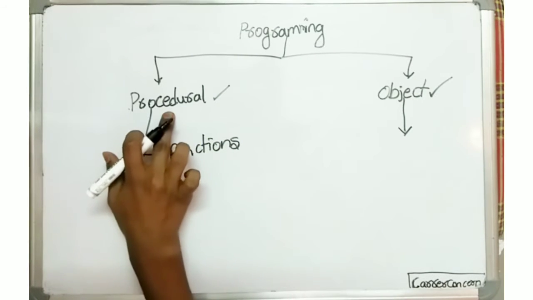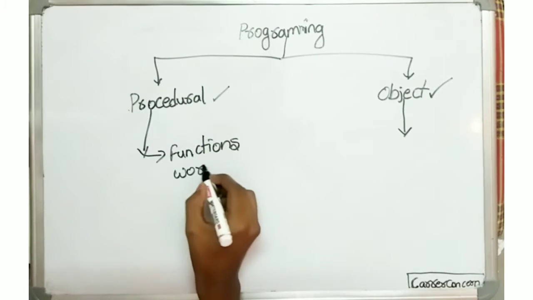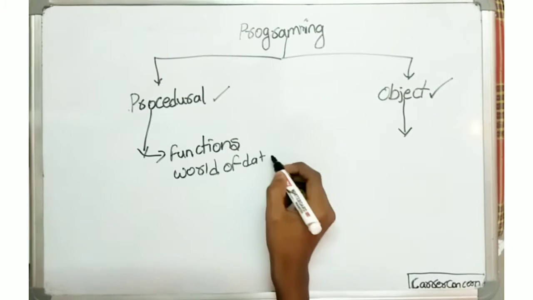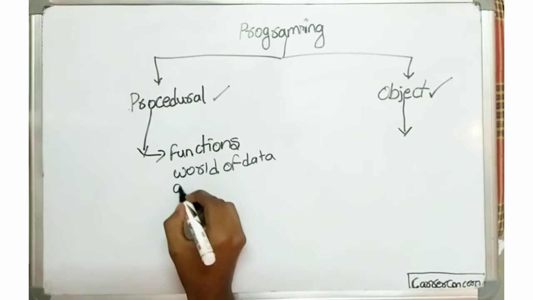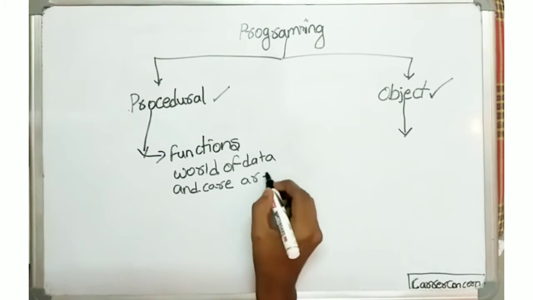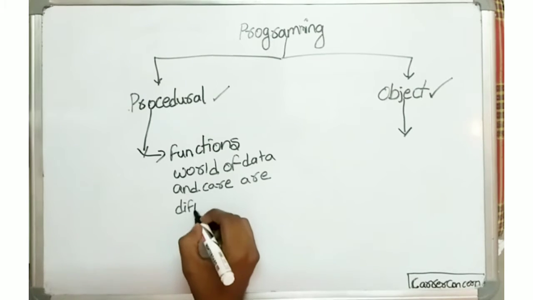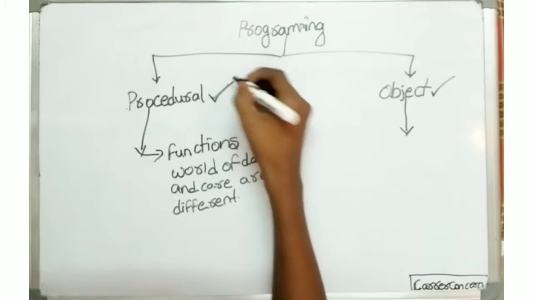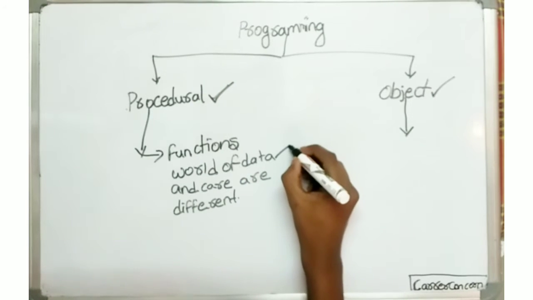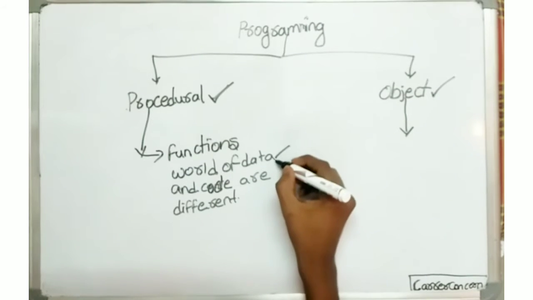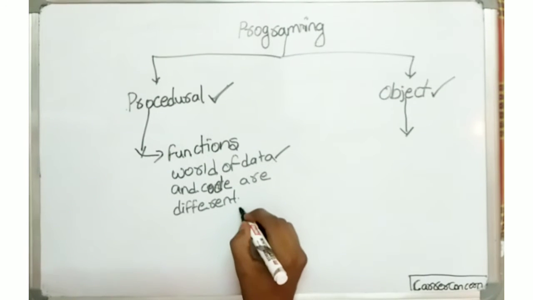It all deals with the world of data. There is only data and code, and they are different. In a procedure-oriented program, the code and the data are different.